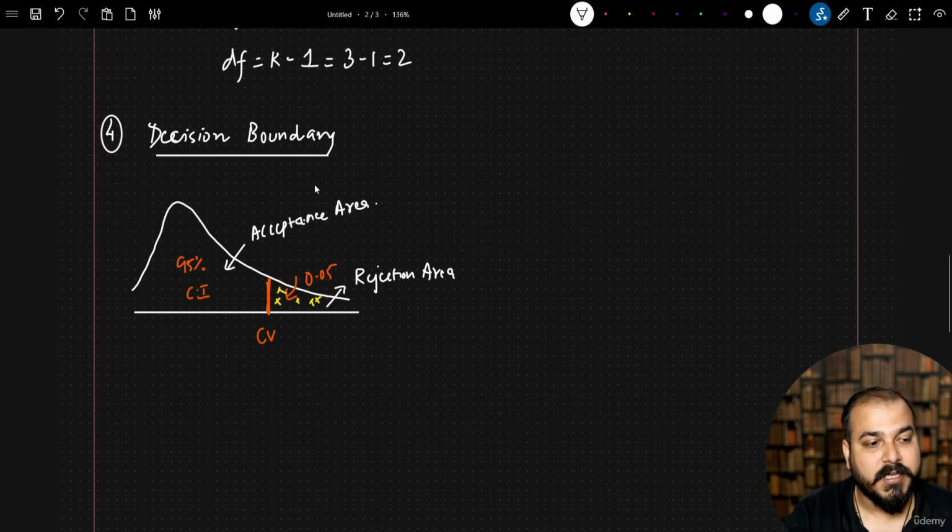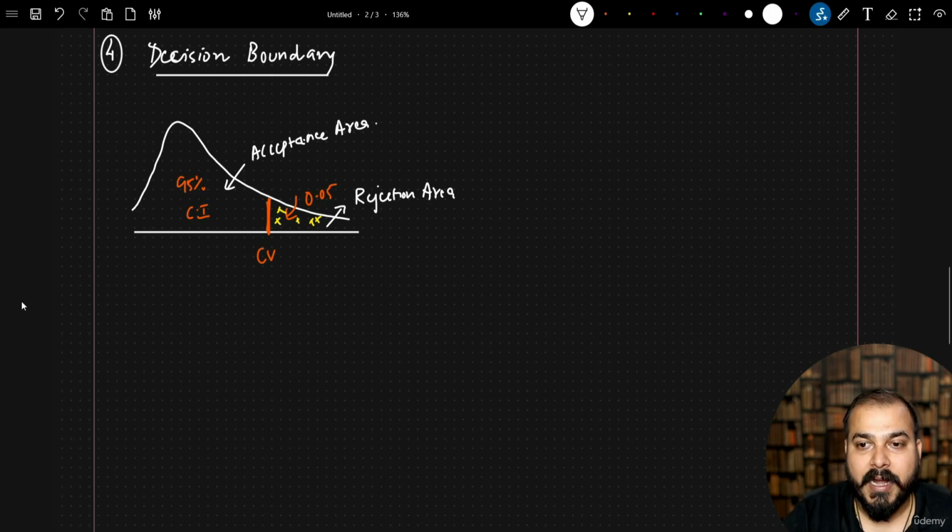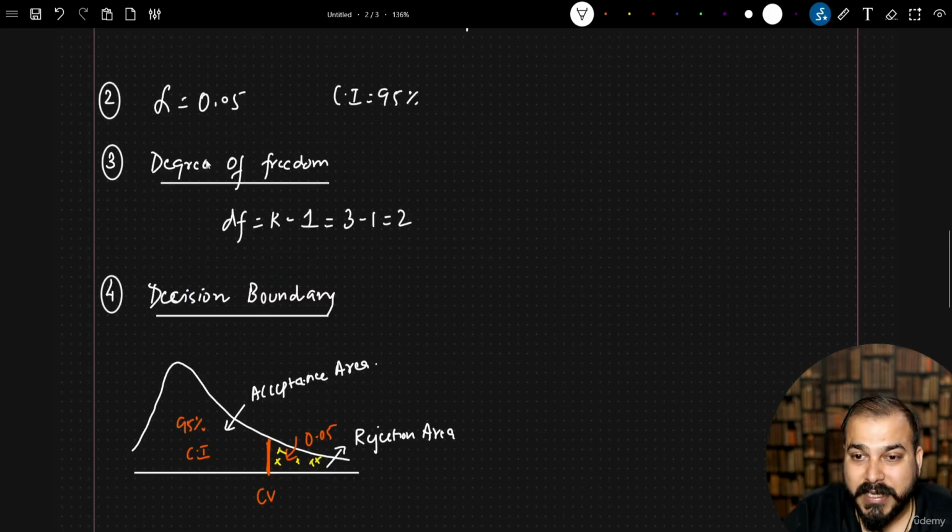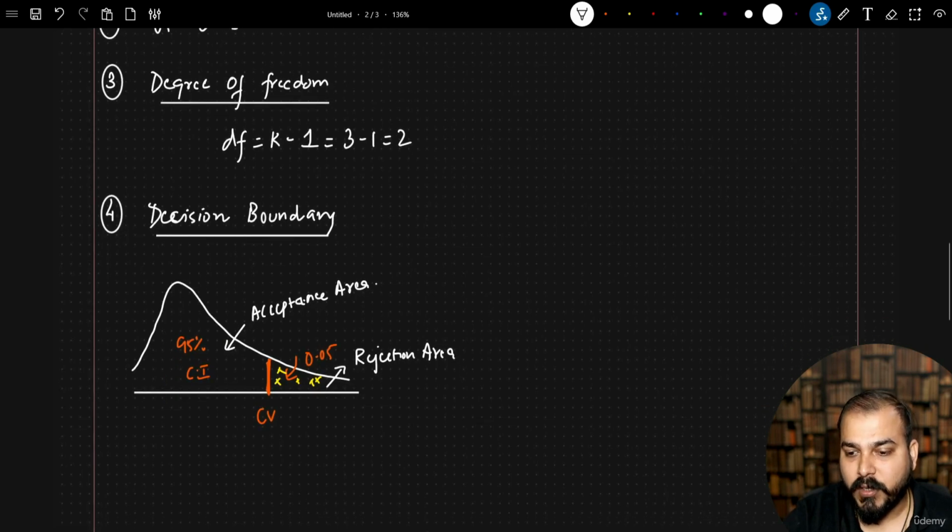And from where do we get the critical value? For that, we will be using degree of freedom and this alpha value, and we'll check it from our chi-square table. So let's go ahead and see how a chi-square table looks like.